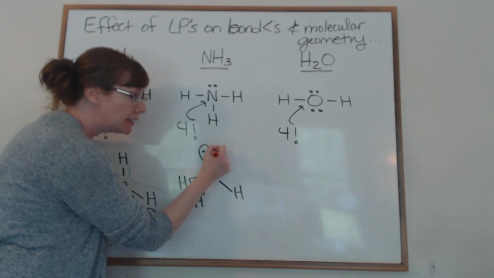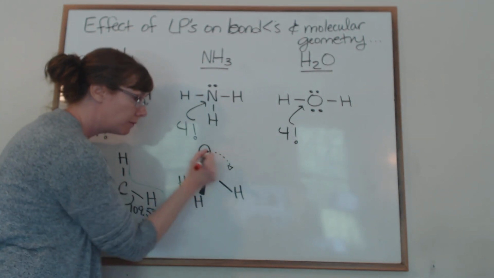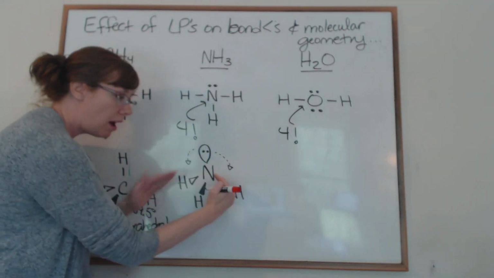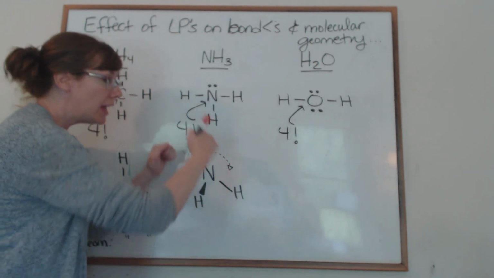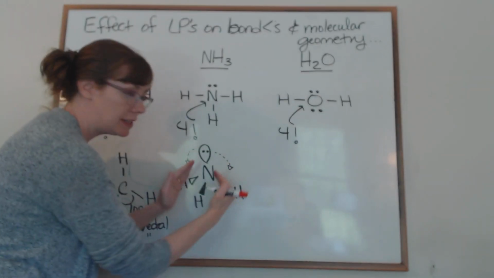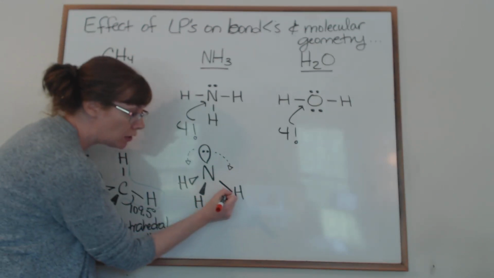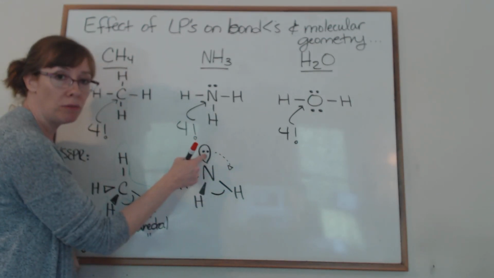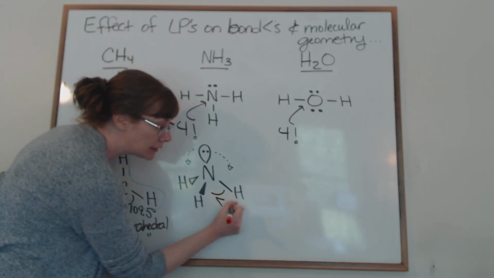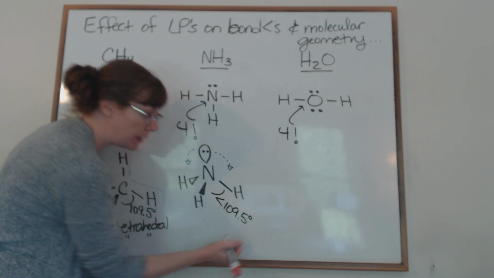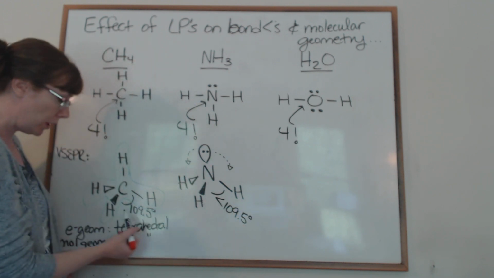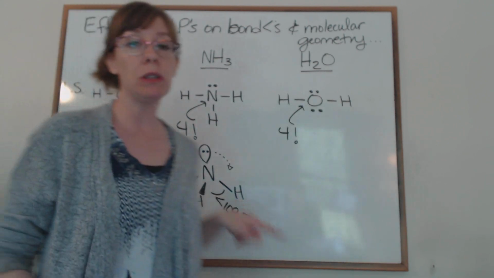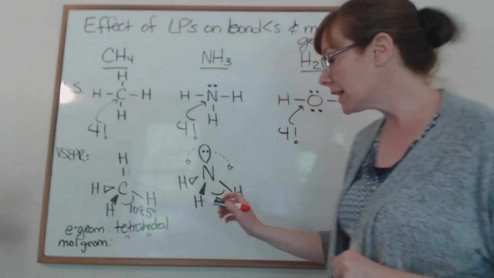So what it does is it actually pushes those other groups a little closer together. It elbows them around and pushes them closer together. So when you have a lone pair, your angle is smaller than it normally would be. So instead of just being 109.5, what you have to do is write less than 109.5. It's a little smaller.